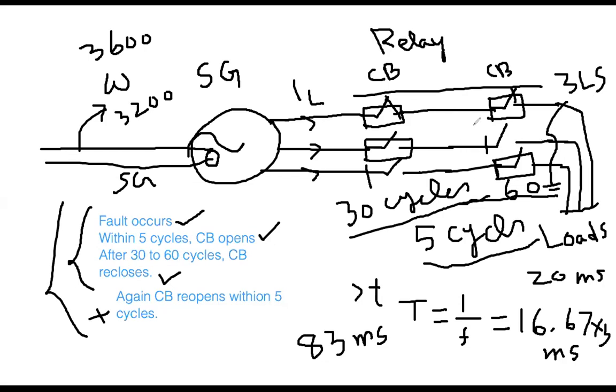And then again, as I said, there is an intelligent controller. If the fault is permanent, the circuit breaker will understand after reclosing that something is still going on. It will reopen again within 5 cycles. And then after this time it will try to reclose.